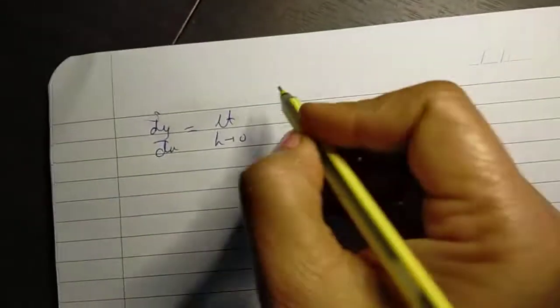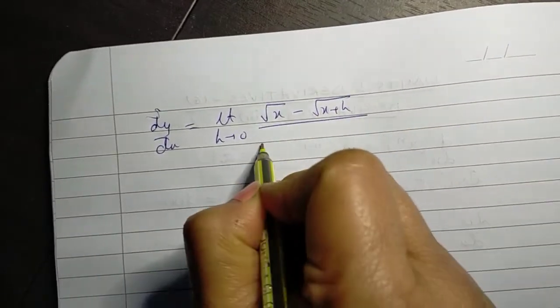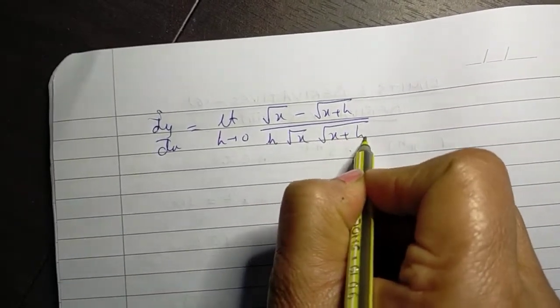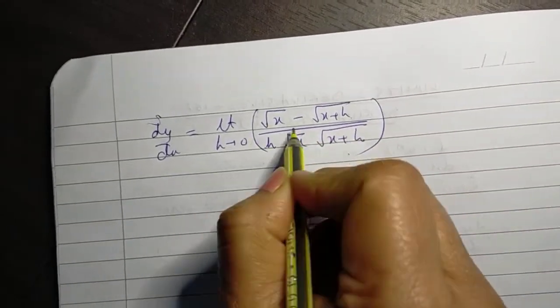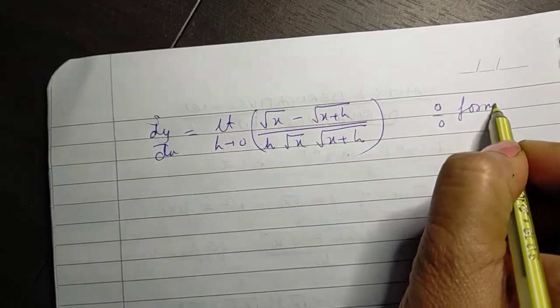Now I'm again rewriting this. What we get is dy by dx is equal to limit h tending to 0 of root x minus root x plus h over h times root x plus h. When you substitute h equal to 0 here, we get again a 0 by 0 form.